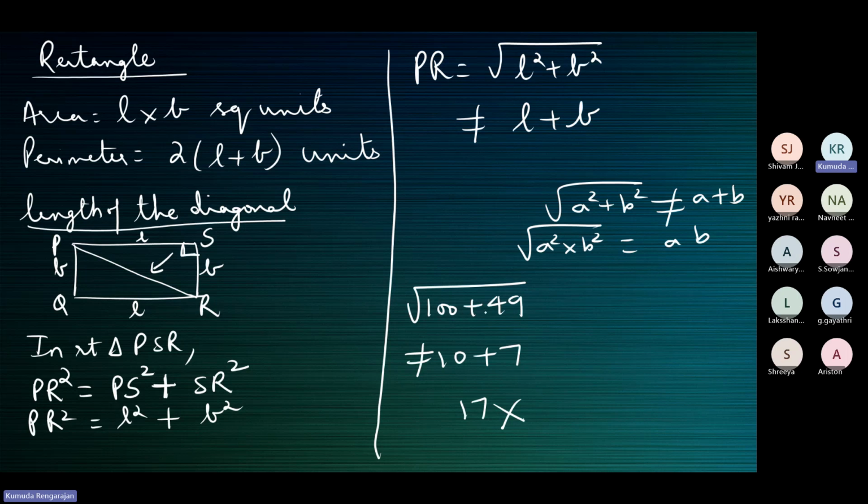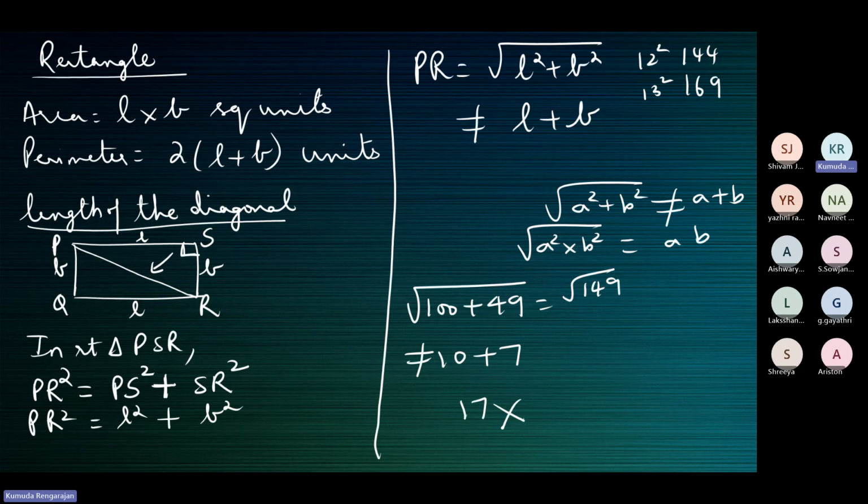We get 100 plus 49, 149, square root of 149. And clearly, 149 lies between 144 and 169, meaning 12 square and 13 square. 12 square is 144, 13 square is 169.